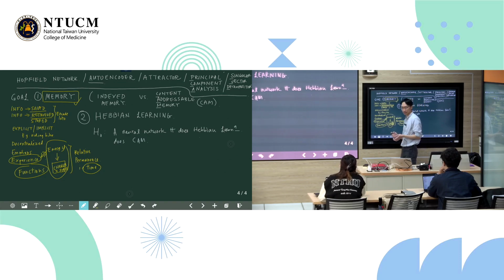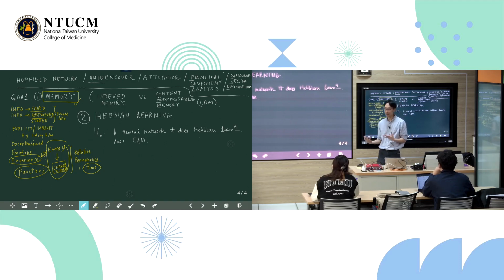That's the hypothesis, okay? So if I can implement a model, a neural network, and have it do Hebbian learning, then I see whether it does content addressable memory, and we will unpack what that means even more specifically, okay?